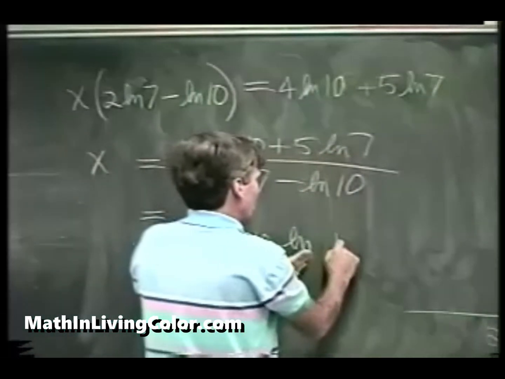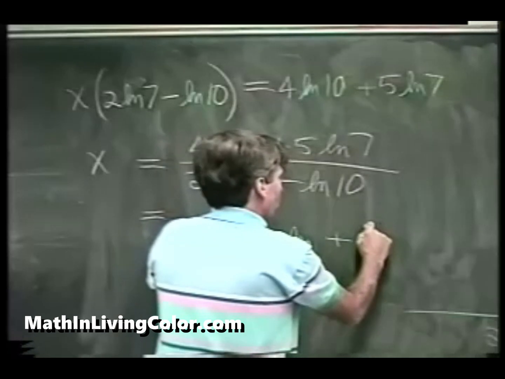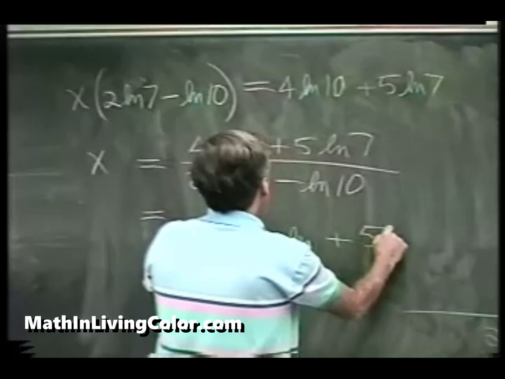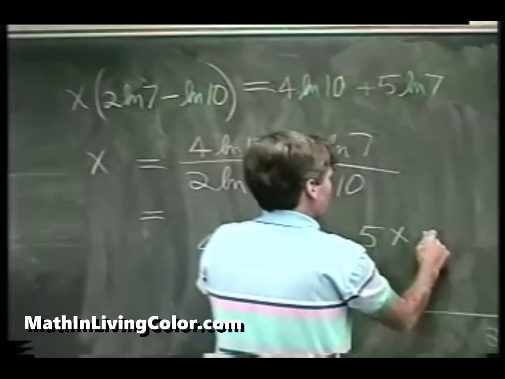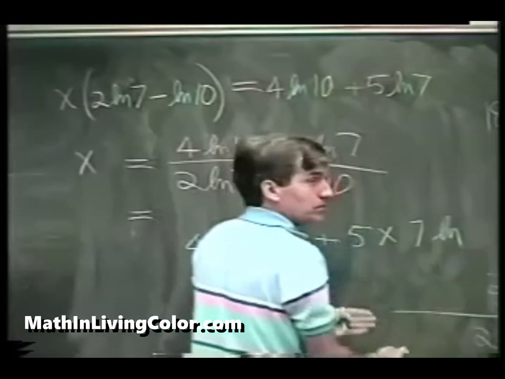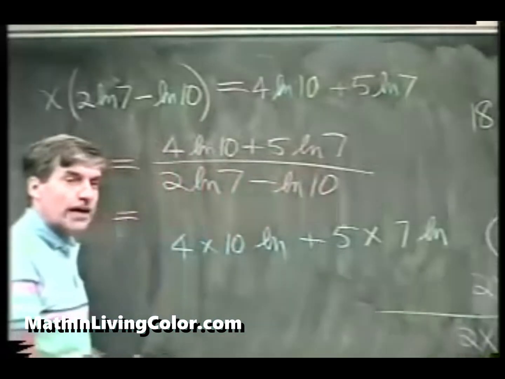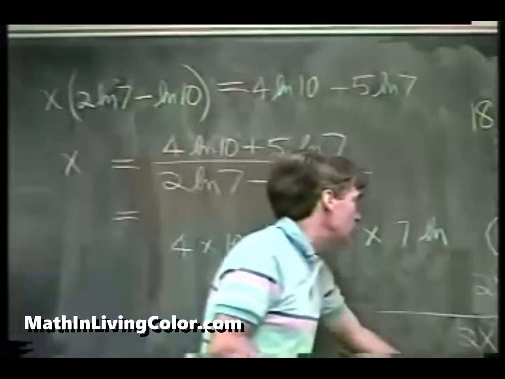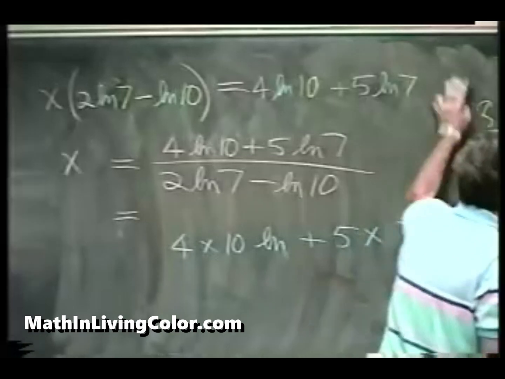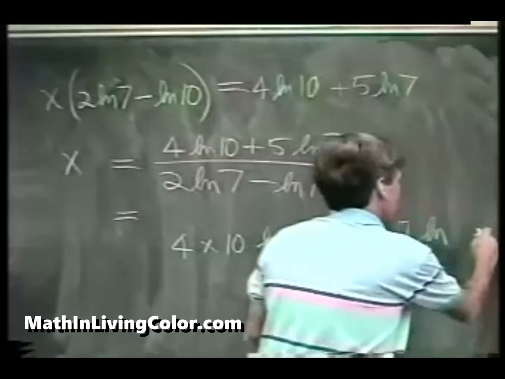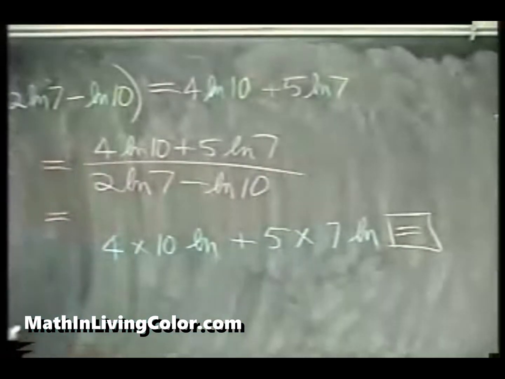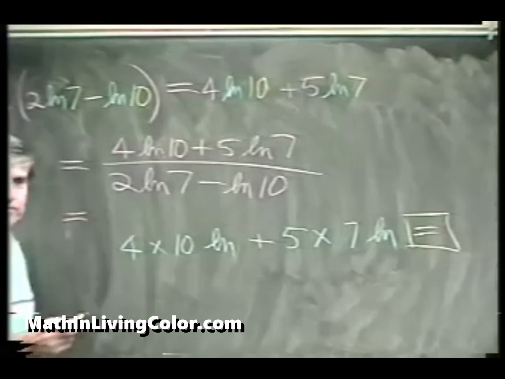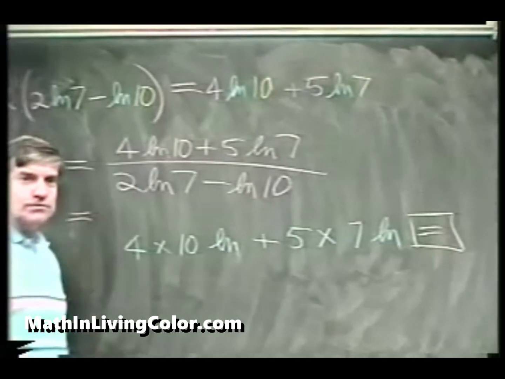Then we'll do plus 5 times 7 ln. And then you'll have to do an equals to calculate the numerator. Equals, that should give you the numerator. Okay? 11.18. Uh-oh. Anybody want to break the tie?